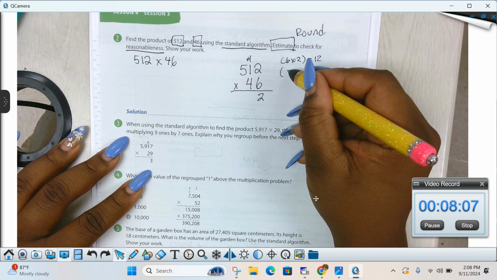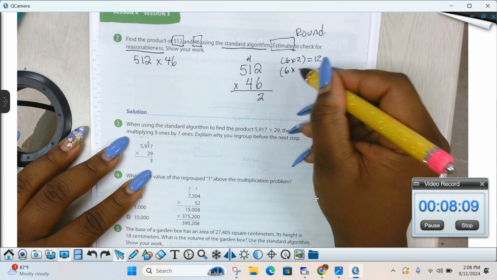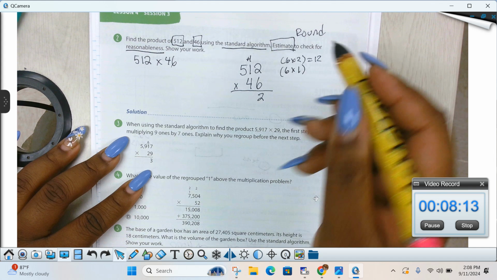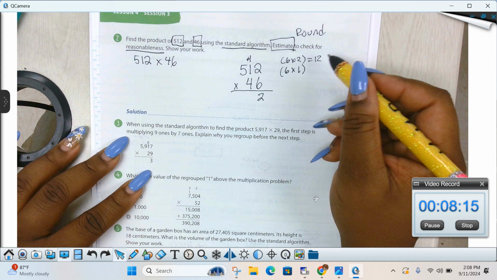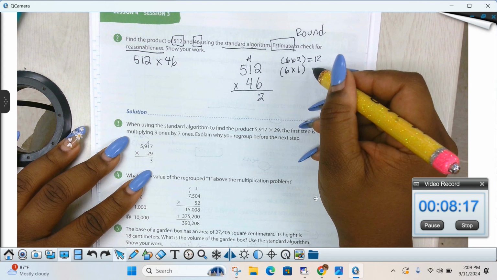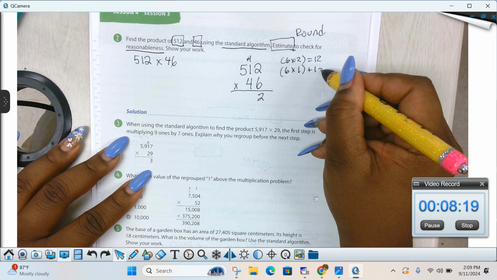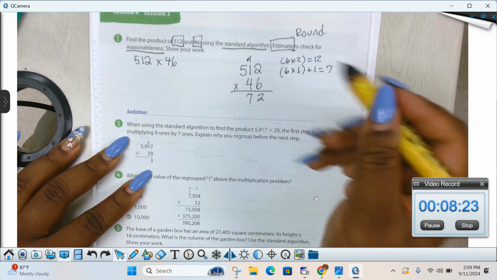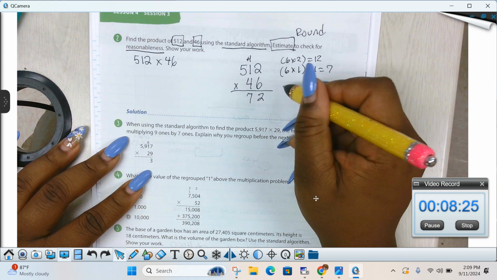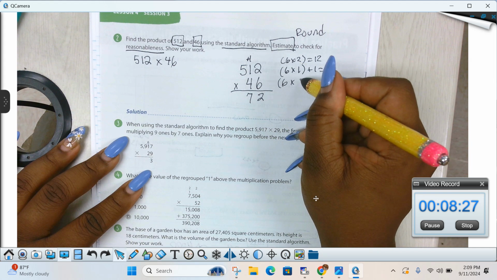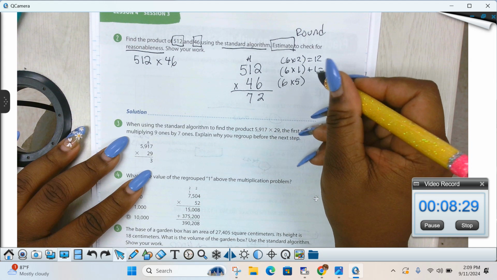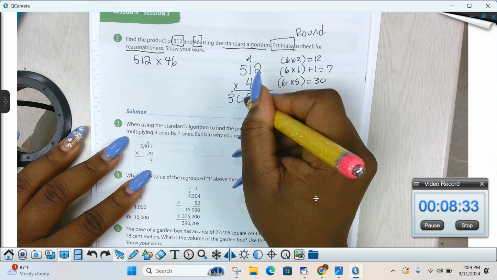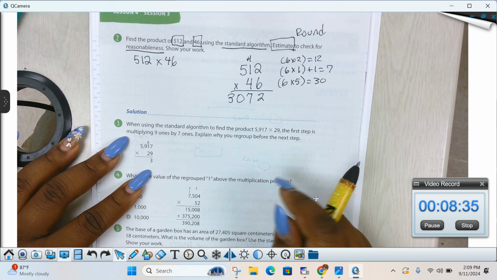Then I'm going to be doing 6 times, technically this is 10, but we'll just say 1 because we're carrying. 6 times 1 is 6, plus 1, 7. Then we go 6 times 5. What's 6 times 5? 30. And you just put the 30 here because you're at the end.